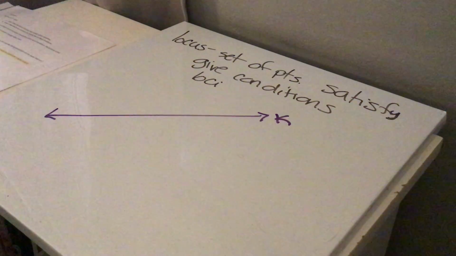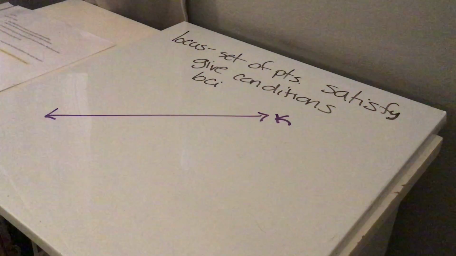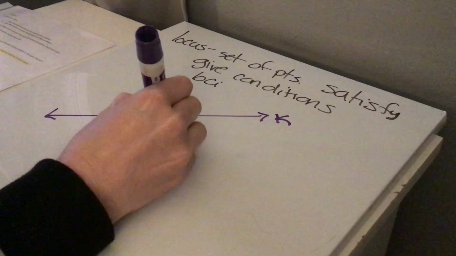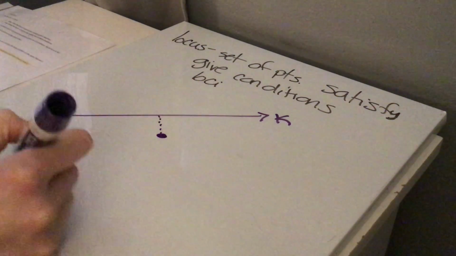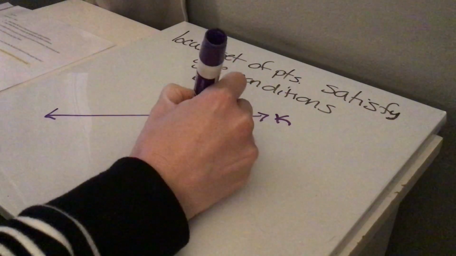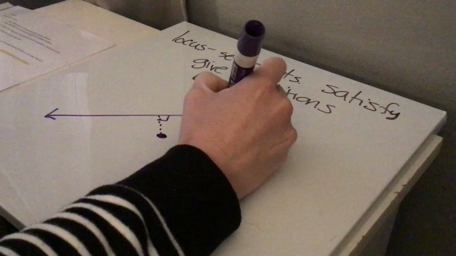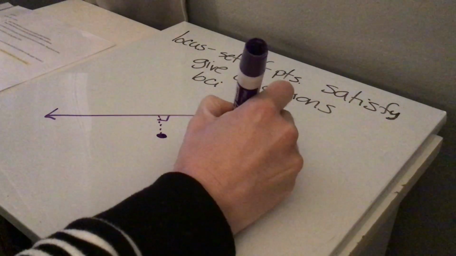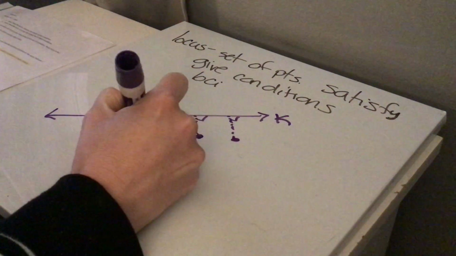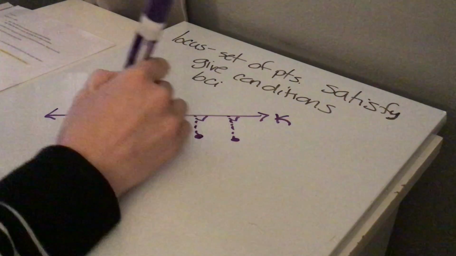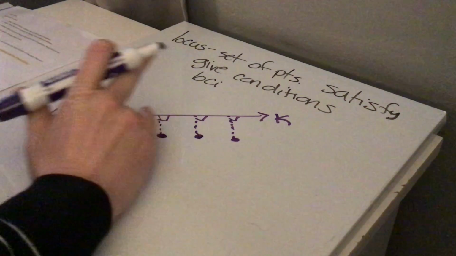Remember that measuring the distance between a line and a point is perpendicular. So I would go down here and measure an inch and say, here's a point. Then it has to be perpendicular and it's going to be an inch. Here's another point. Here's another point. These are all points that are 1 inch from K.